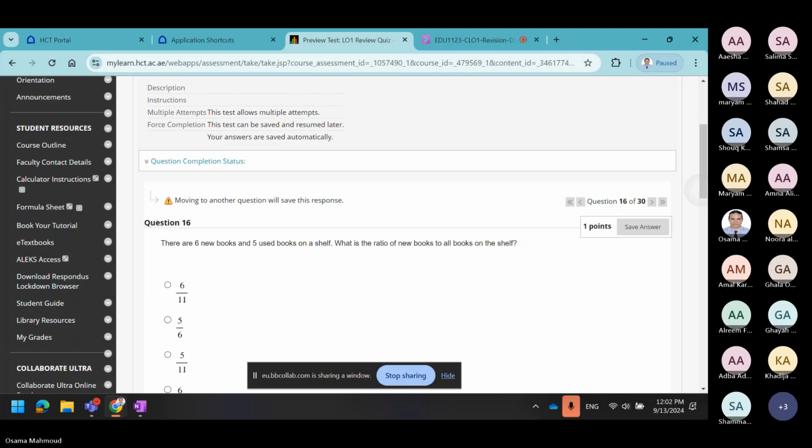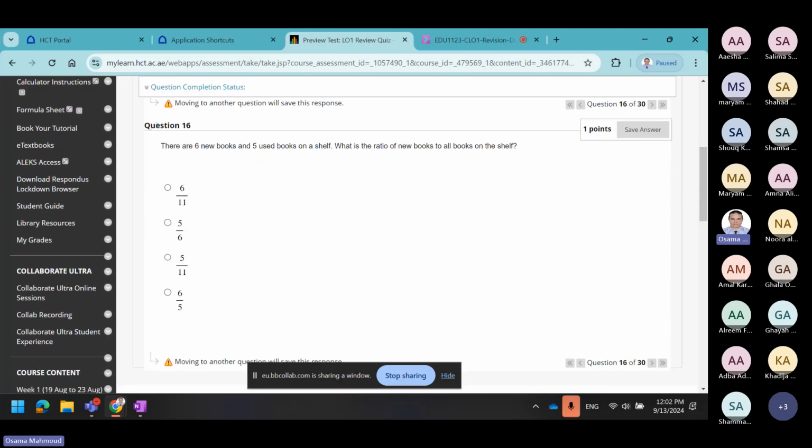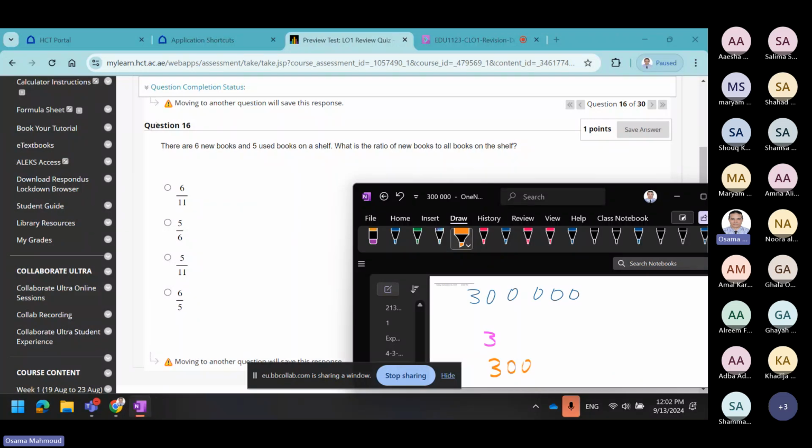Now, yes, there are 6 new books and 5 used books on the shelf. What is the ratio? Ratio, it means you have to know the ratio between what? He's asking you what is the ratio of new books? New books, how many new books? 6 books, right?